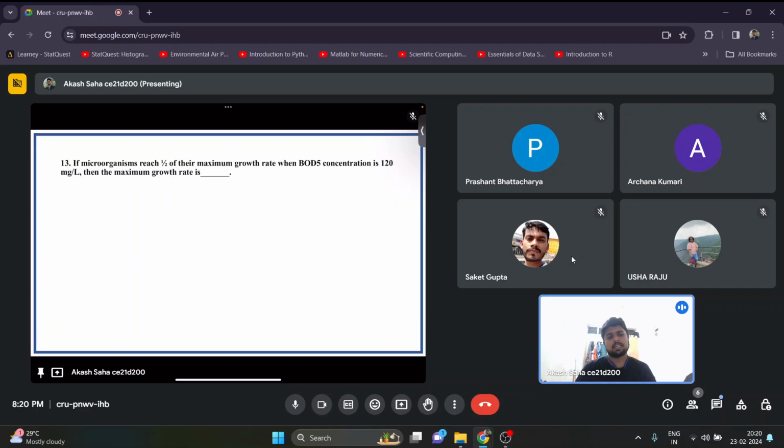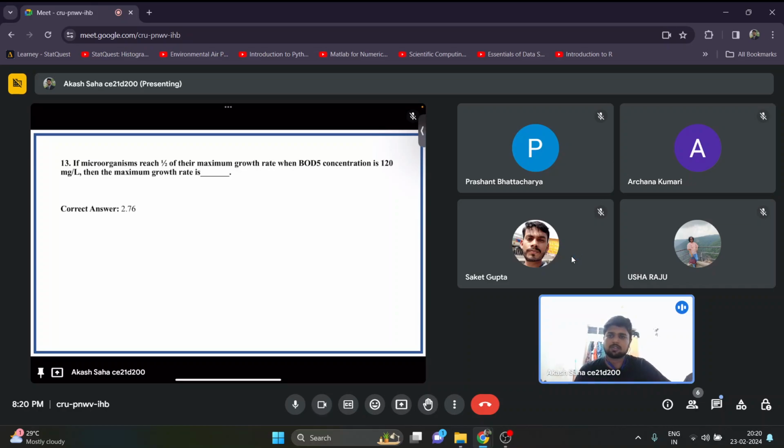S, it is saying that when S is equal to 120 milligram per liter, the microorganisms reach half of their maximum growth rate. That is, at S is equal to 120 milligram per liter, my mu is equal to mu max by 2. So that means this value of 120 is the value for Ks.